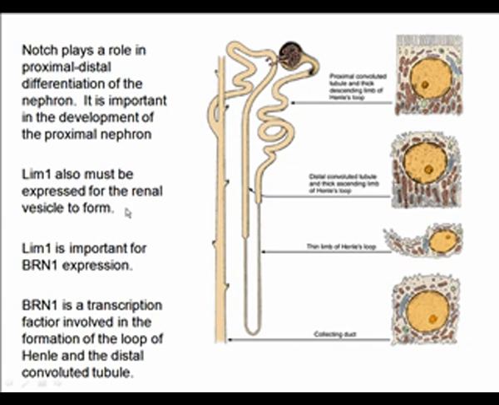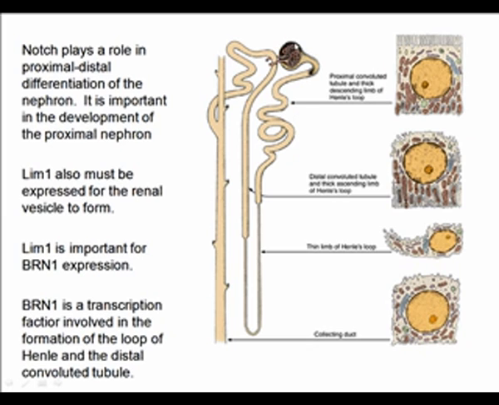We can also look at the development of the nephron, and we can talk about the fact that Notch is going to play a role in the proximal-distal differentiation of the nephron. So especially in the proximal part of the nephron, Bowman's capsule, the proximal convoluted tubule, Notch is important.